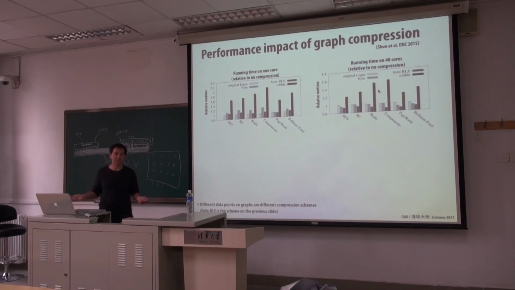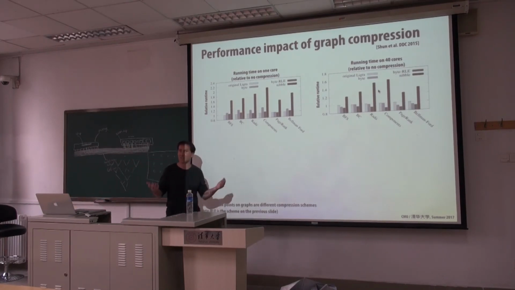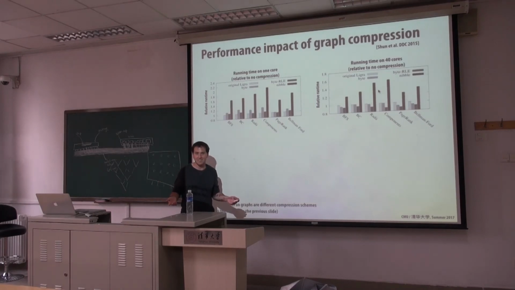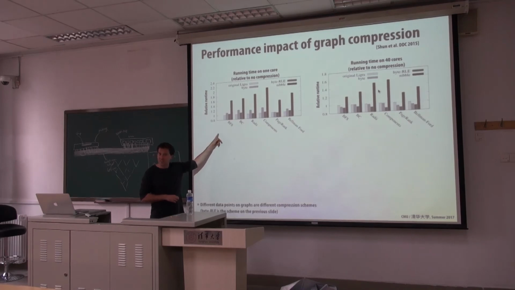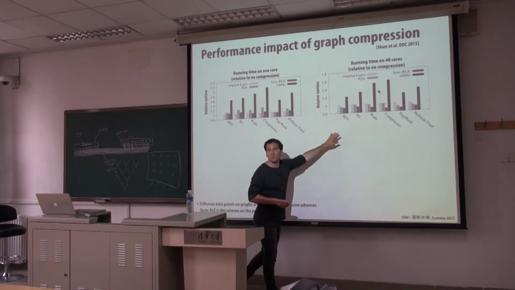Because if they weren't doing decompression, they would be sitting there waiting on memory anyways. So it makes sense to do more work, more compute, to make better use of the scarcest resource, the bottleneck in the system, which in this case is memory. And in the one-core case, the bottleneck is the processor. So more work slows you down there. Here, more work speeds you up.